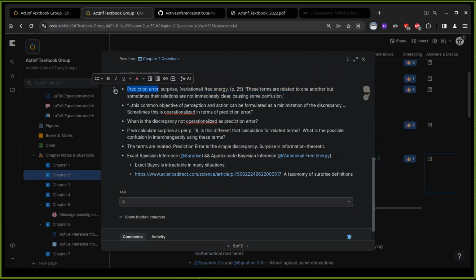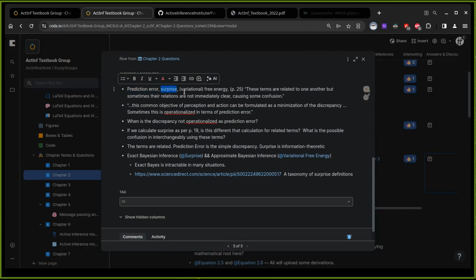Prediction error is a simple differential between prediction and observation. So if the prediction is 10 and the observation is 11, the prediction error is +1. It's in the units of whatever the observations are about, like temperature.